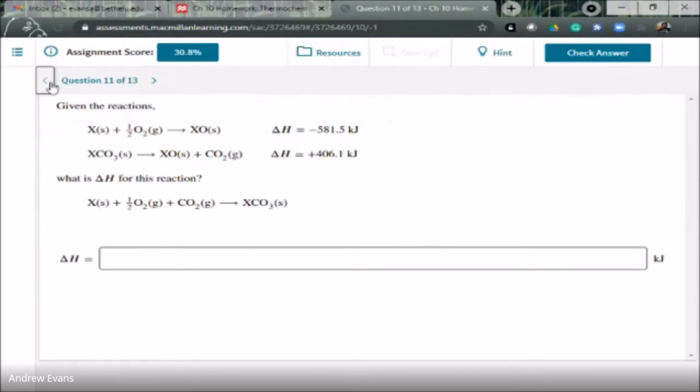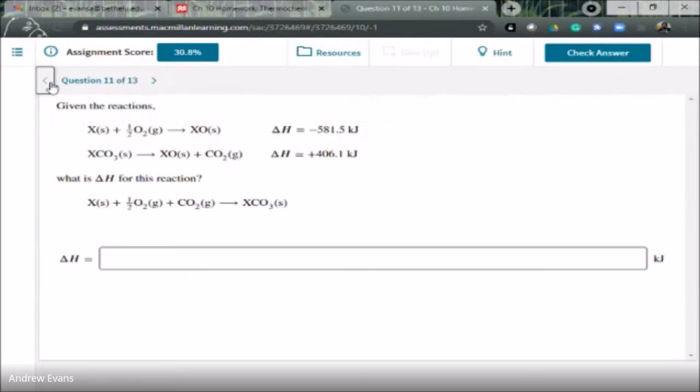But this is the other side of this reaction. Hess's law states whatever we have to do to combine these 2 equations to get the third, we're going to do that to our delta H values.